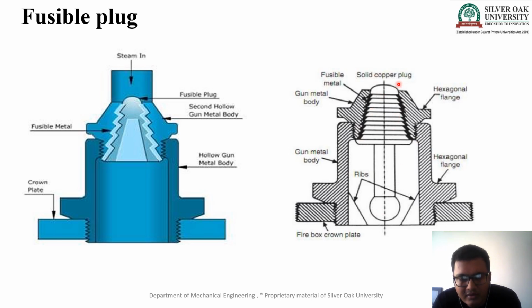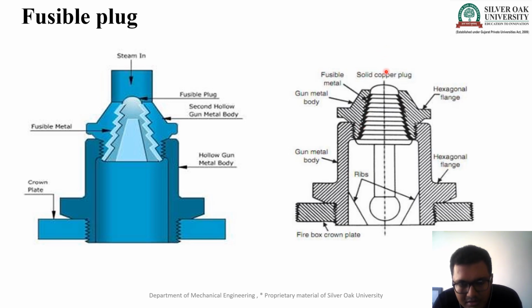Consider that all the water gets converted into steam, and we don't have new feed water at this moment. The space is then taken up by steam above the water. If we don't have water, all the space is occupied by steam. The temperature of the water is low, and the temperature of the steam is high.